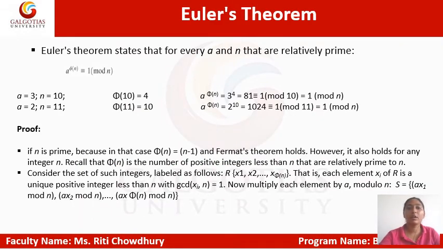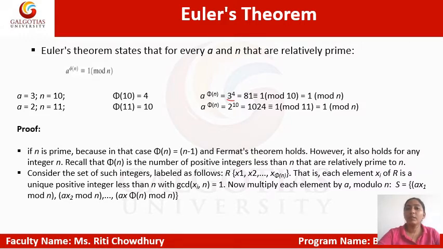Now Euler's number, we can apply in different ways, as you can see here. We have been given one number, 81, and 81 can be written as 3 to the power 4, which is equal to 1 mod 10, right?